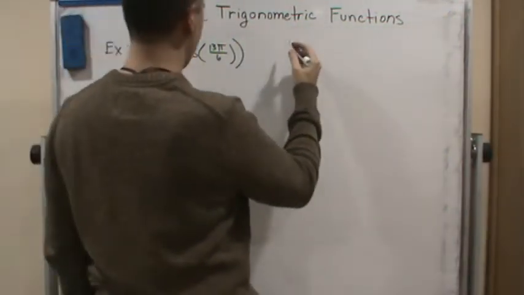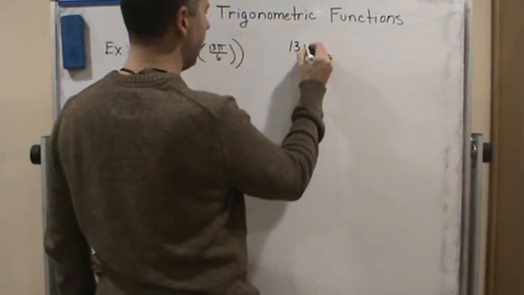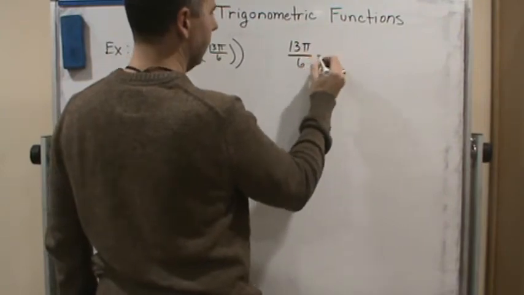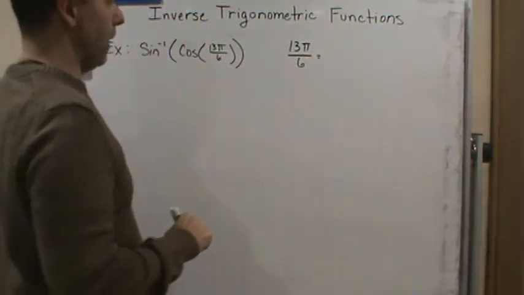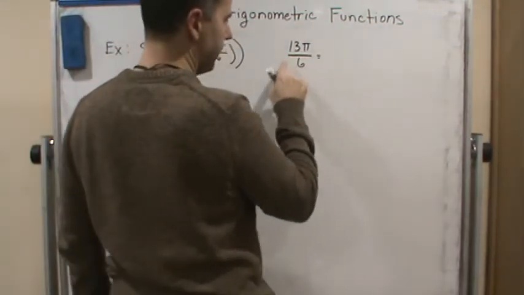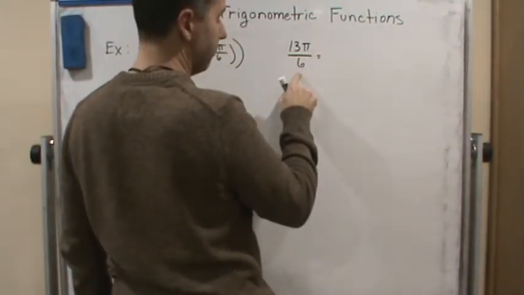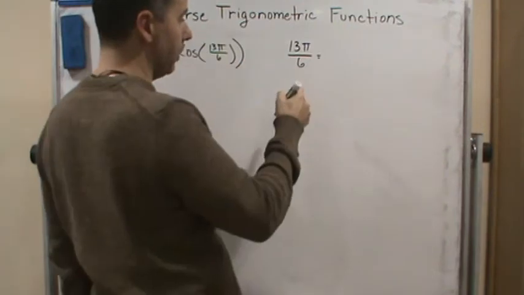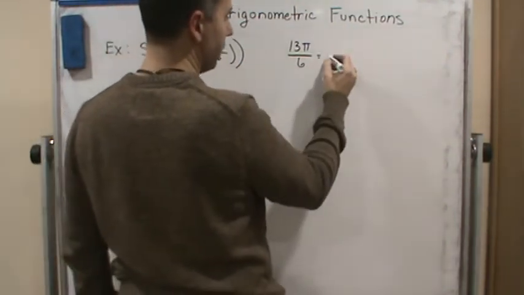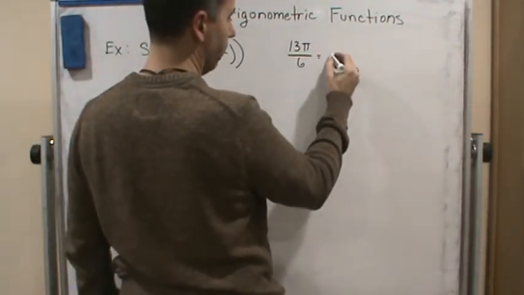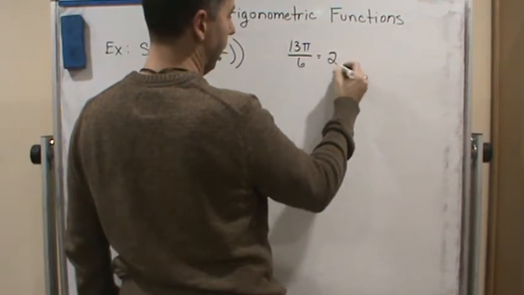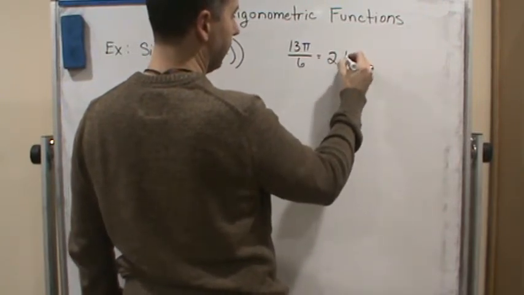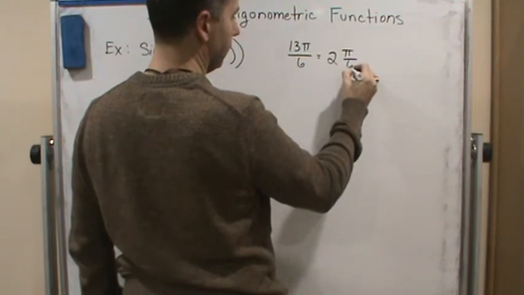So what's another angle? Well, 13 pi over 6, if I write it as a mixed number, I get 2 and pi over 6.